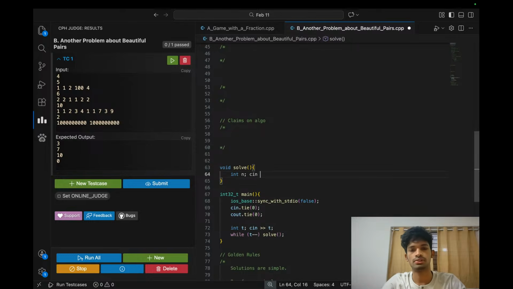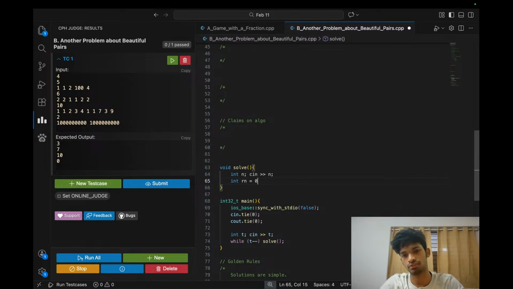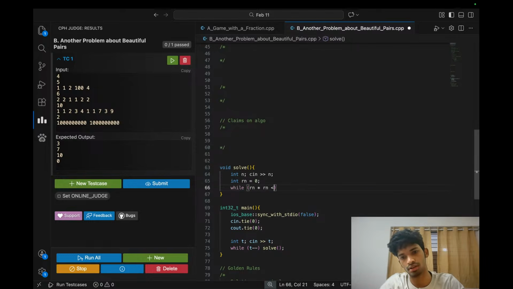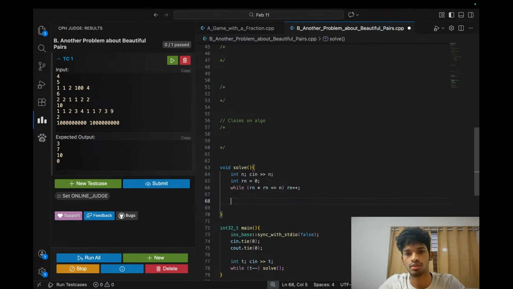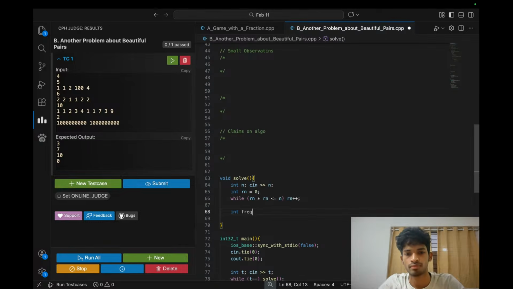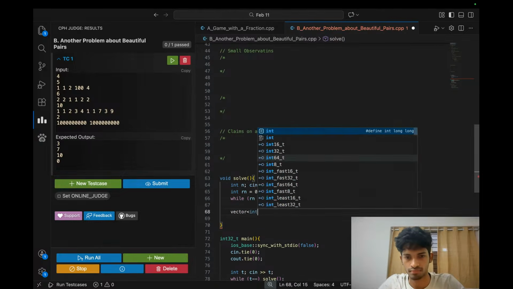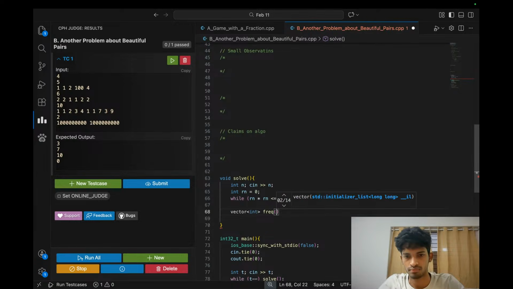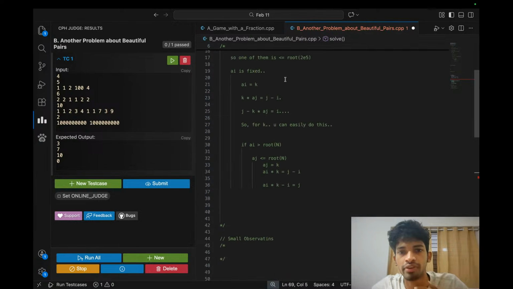So int rn equals 0, while rn times rn is less than or equal to n, rn plus plus. Okay, now we have root n. Now what will I do? So this was much easier than A for me, right?